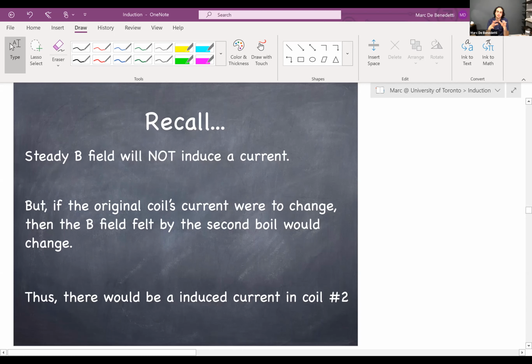However, once the coil has been moved into position and remains stationary, then the B field lines from that coil will be steady because the current in the other coil is, let's assume, DC and steady. Then there will be, let's say 6, 7, 10, whatever number of field lines through the second coil, and it'll be stagnant. It won't be changing. So if that second coil is brought in and then remains stationary, nothing will happen. There might be a little blip as you're moving it into position, but once it's there, nothing will happen.